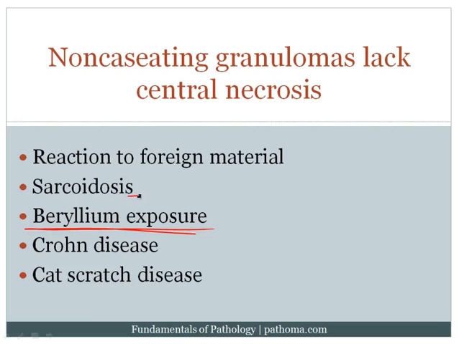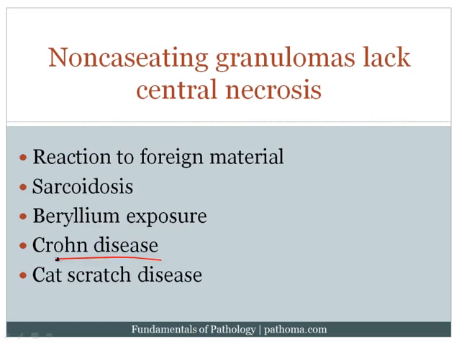And beryllium and sarcoidosis can create a very similar clinical picture, especially on exams. I will talk about beryllium and sarcoidosis in much more detail when we do the lung section, but it is a classic exam type question that we'll discuss when we get there.